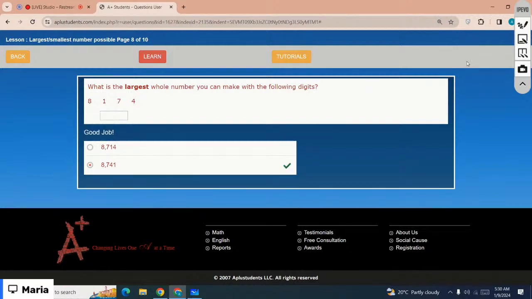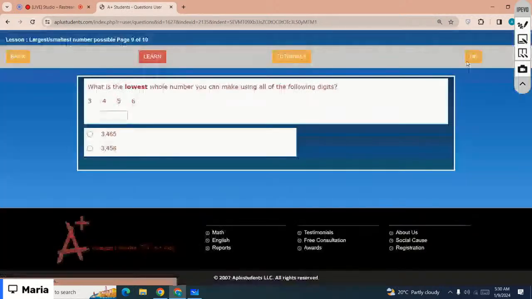What is the lowest whole number you can make using all the following digits?